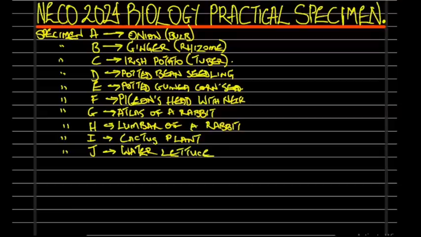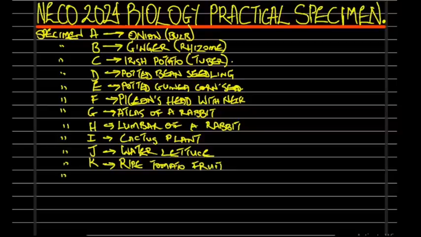And then we have specimen K. Specimen K there is ripe tomato fruit.